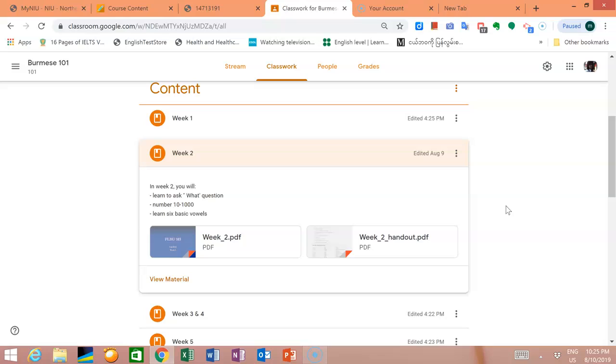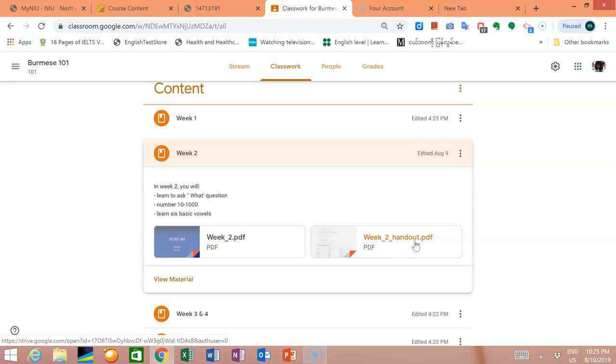For week 2, learners will learn how to make question-word questions, such as what questions, and they will learn using the numbers 10 to 1,000, and they will learn 6 basic vowels. For this week 2, they're not required to study the book because we provide a week 2 handout here.